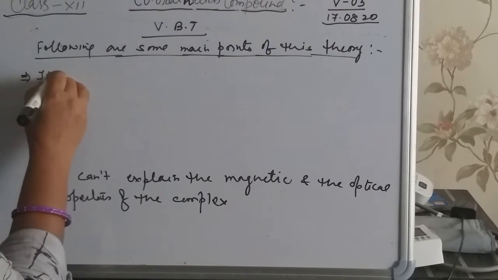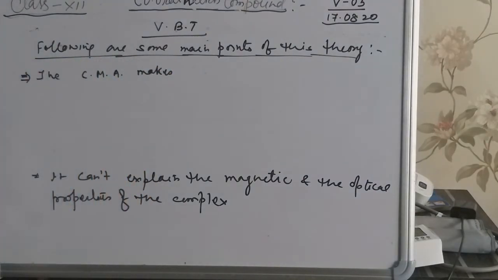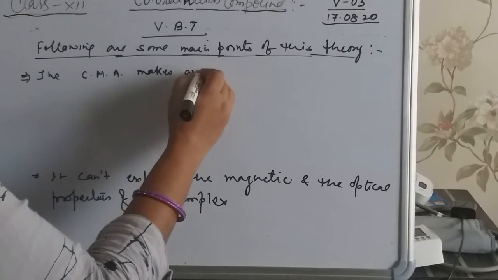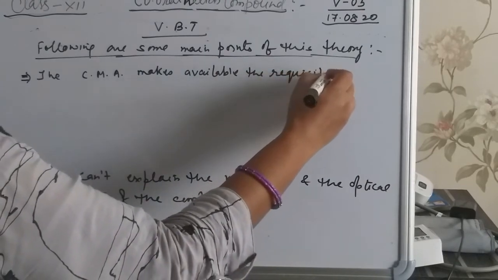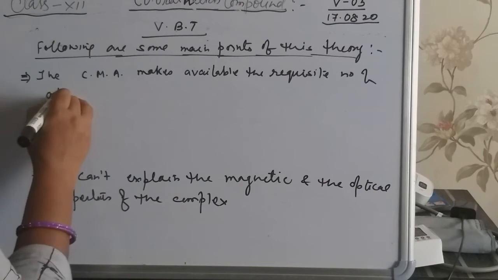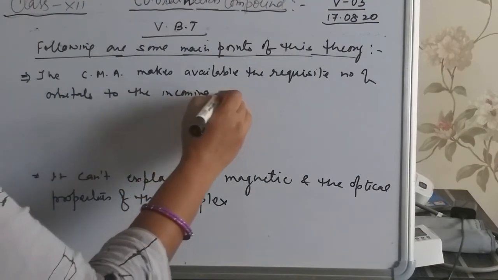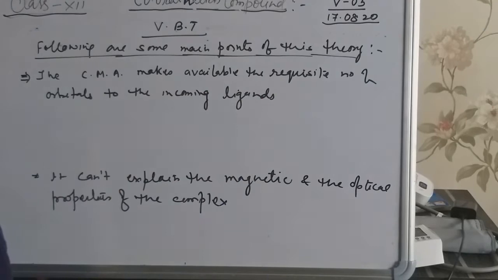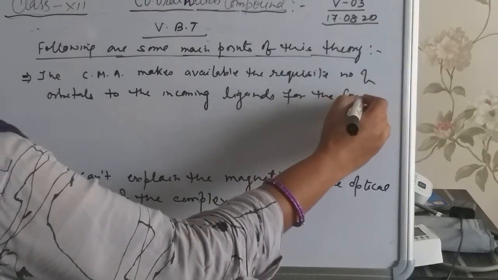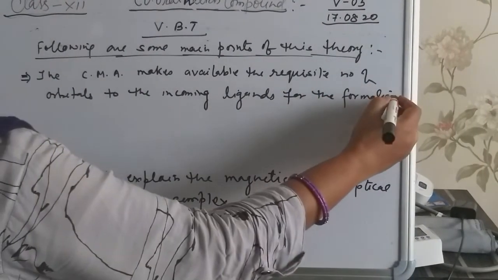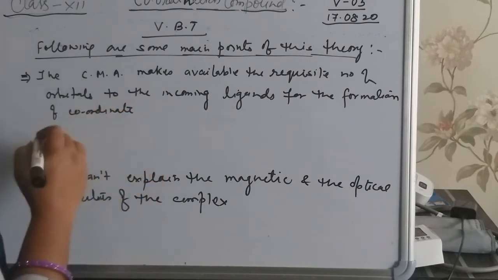The central metal atom makes available the requisite number of orbitals to the incoming ligands for the formation of coordinate bonds.